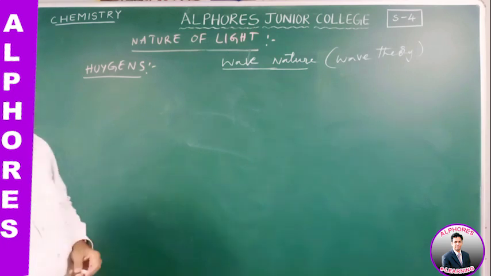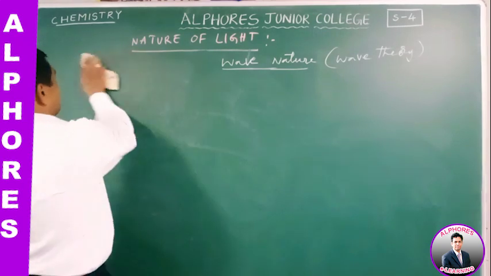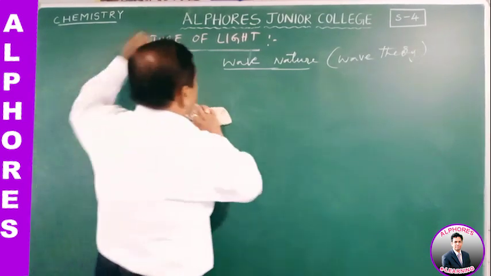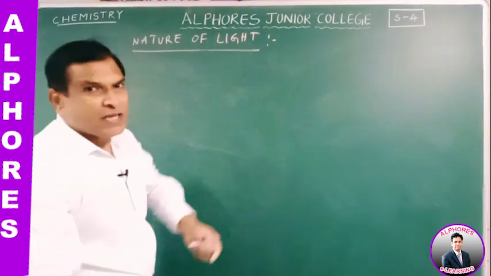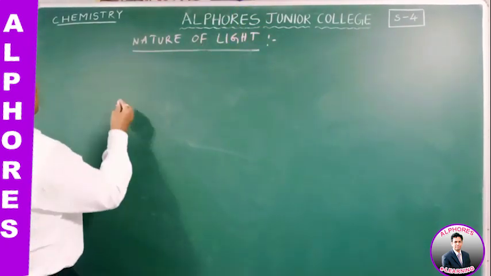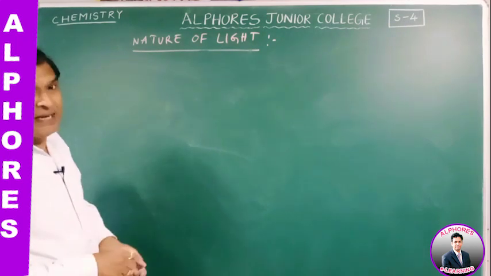Now let us see the advanced theory, that is Maxwell's theory, that is called the electromagnetic nature of light.